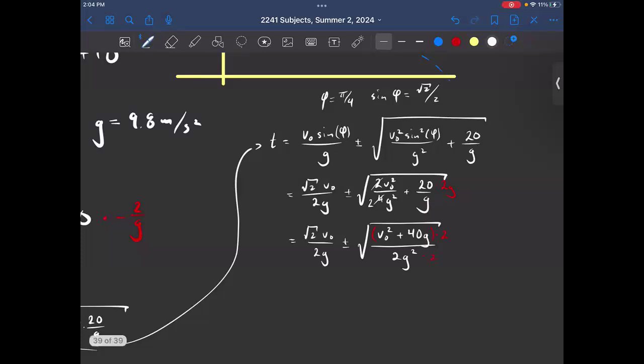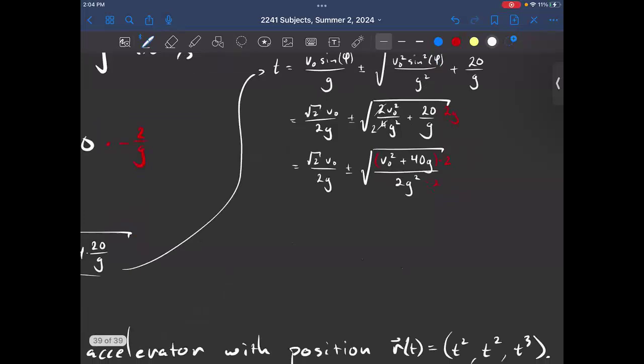And we'll get t star equals the square root of 2 v0 plus minus the square root of 2 v0 squared plus 80 g, over 2g.